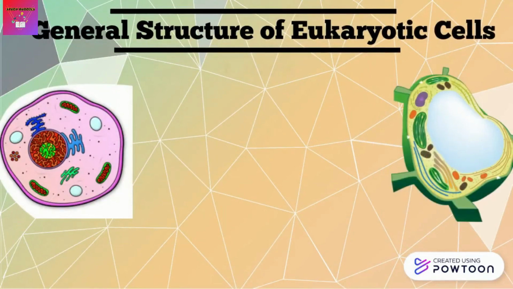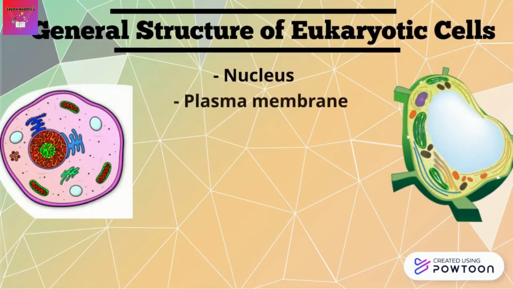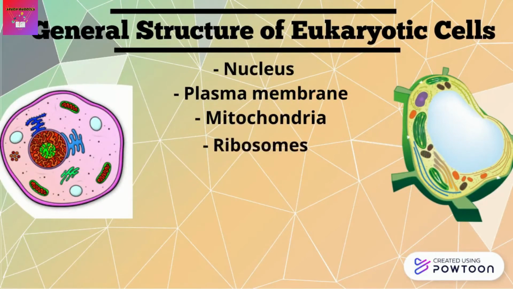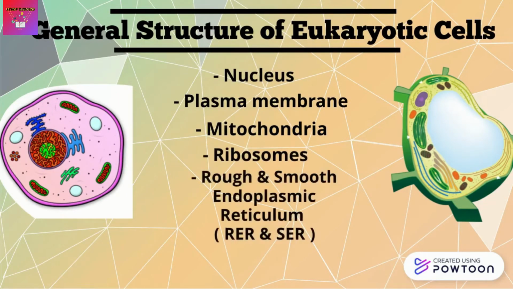So, with the idea of compartmentalization as the preface, let's look at the generalized depictions of animal and plant cells. Fundamentally, animal and plant cells have several similar structures, such as the nucleus, plasma membrane, mitochondria, ribosomes, rough and smooth endoplasmic reticulum, which I will refer to as RER and SER further in this video, Golgi apparatus, which I will refer to as GA, and many other structures.